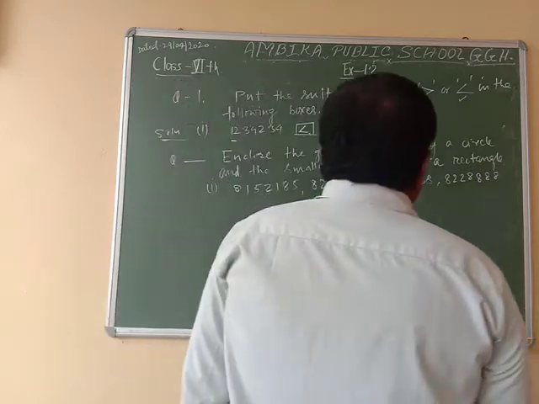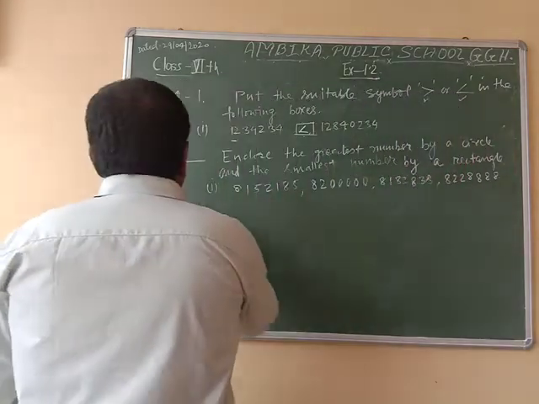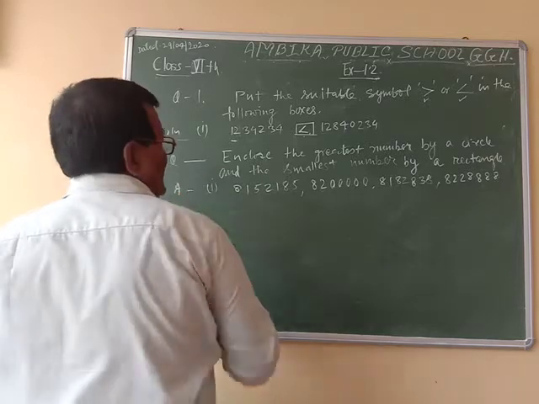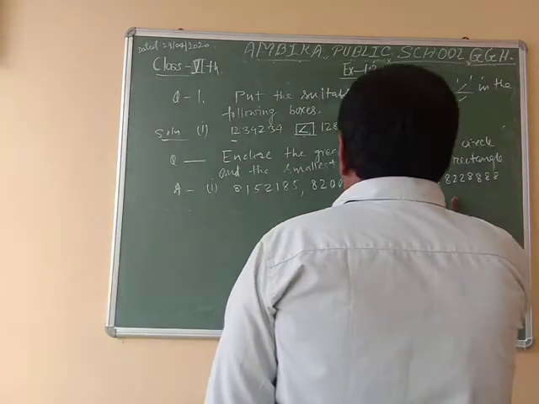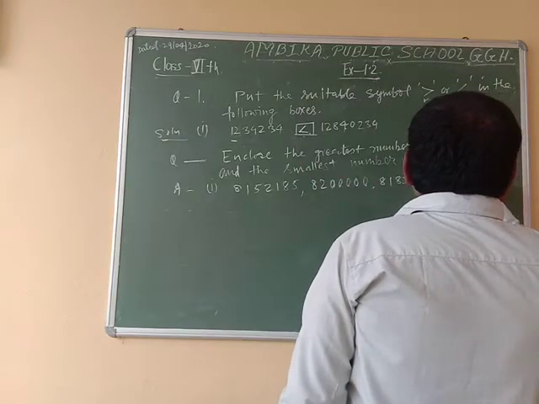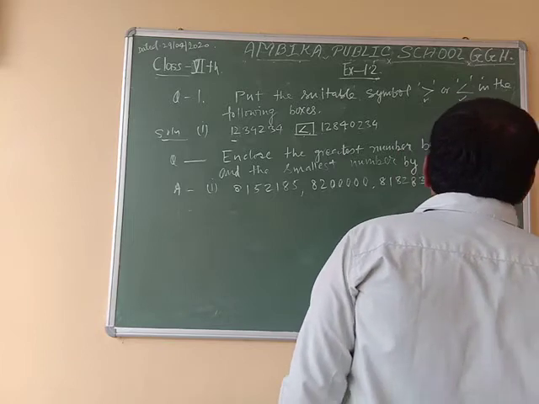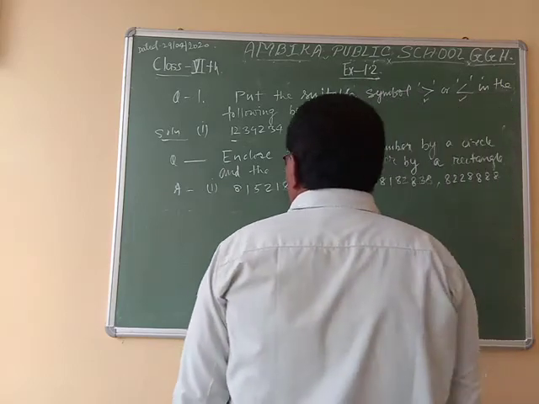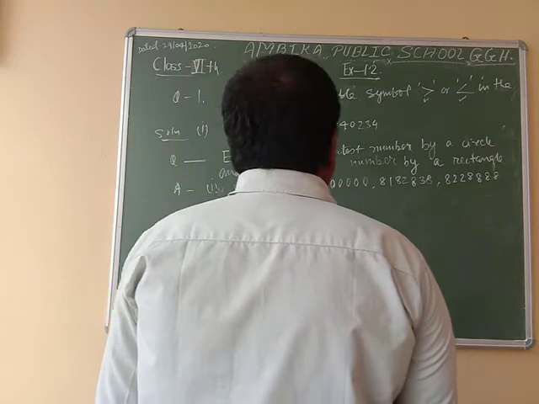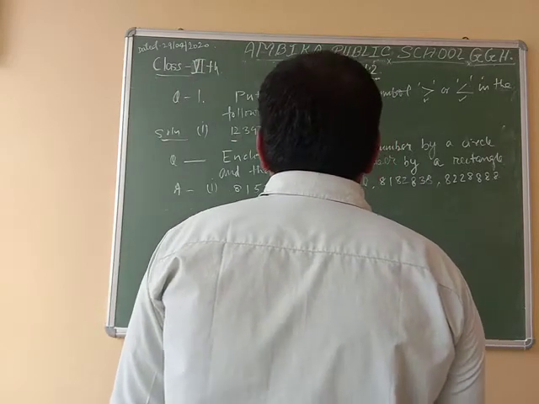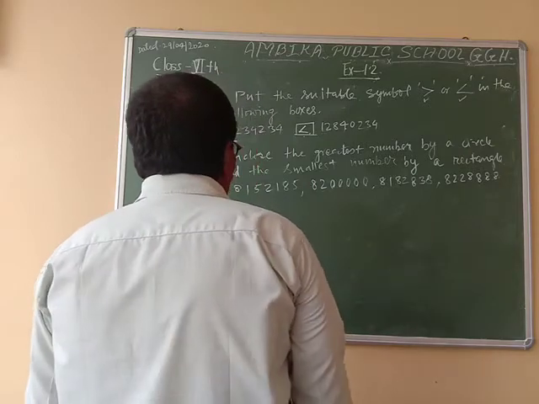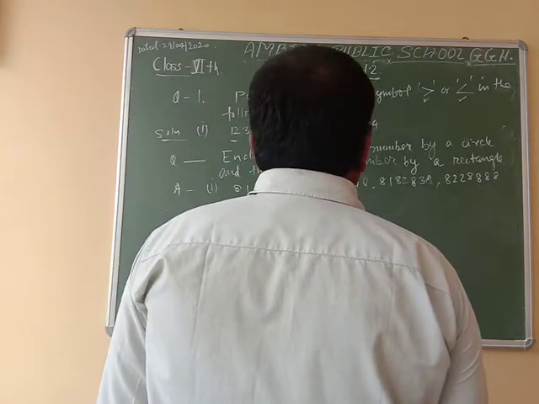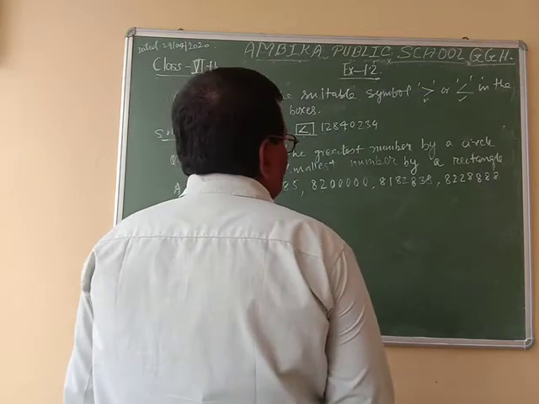In this question, the greatest number is 82,28,888, and the smallest number is 81,52,185.